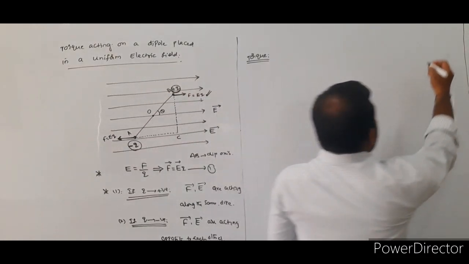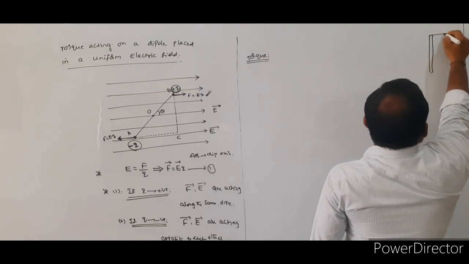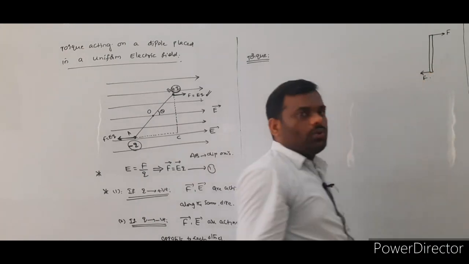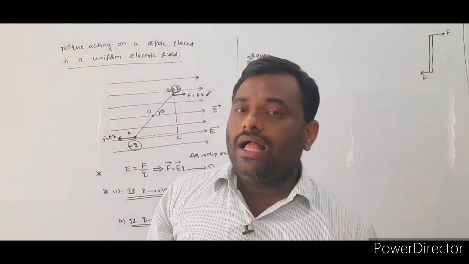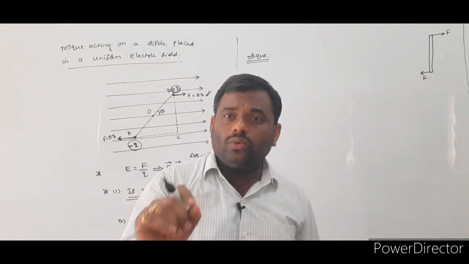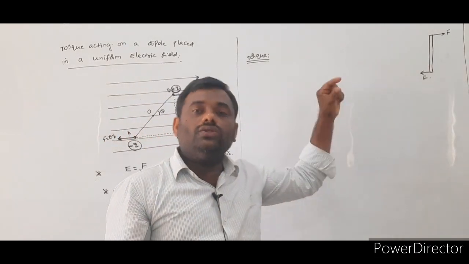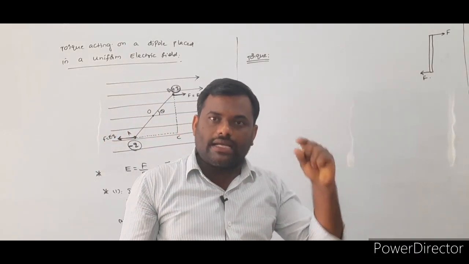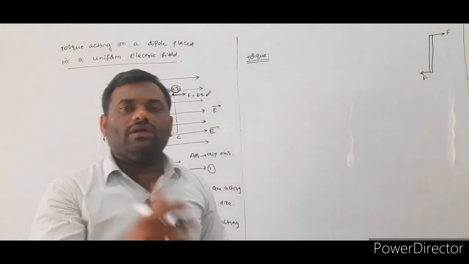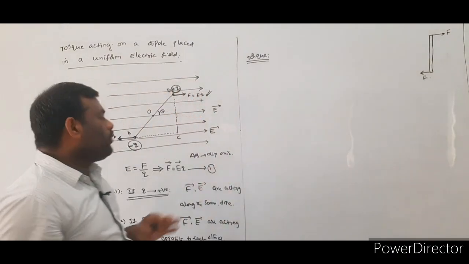Already we discussed in rotatory motion, whenever two equal and opposite forces are acting at the ends of the given rigid body, those two forces produce a couple in it. So whenever the couple is produced, the rigid body comes into rotatory motion. The same principle here also we are going to apply.